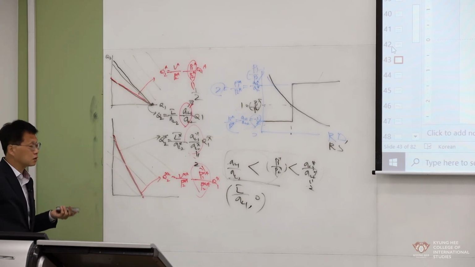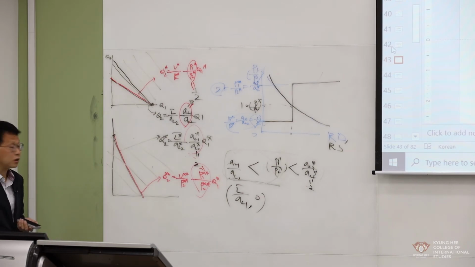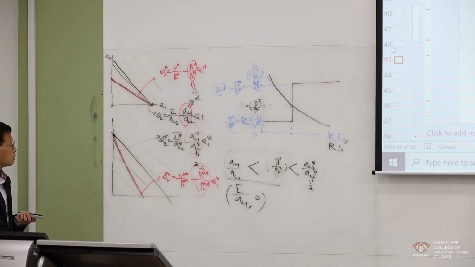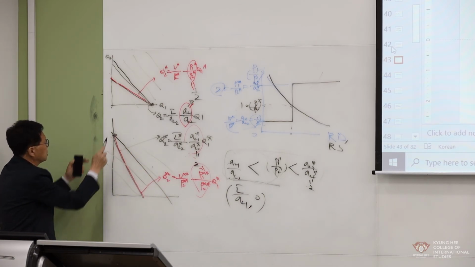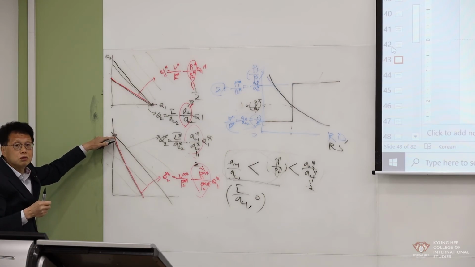Then what is the value maximization solution? This point, isn't it? And that is the new iso value line. Maximize the iso value line, and production occurs at this point. What's the meaning of this? The foreign country just specializes in production of good 2.